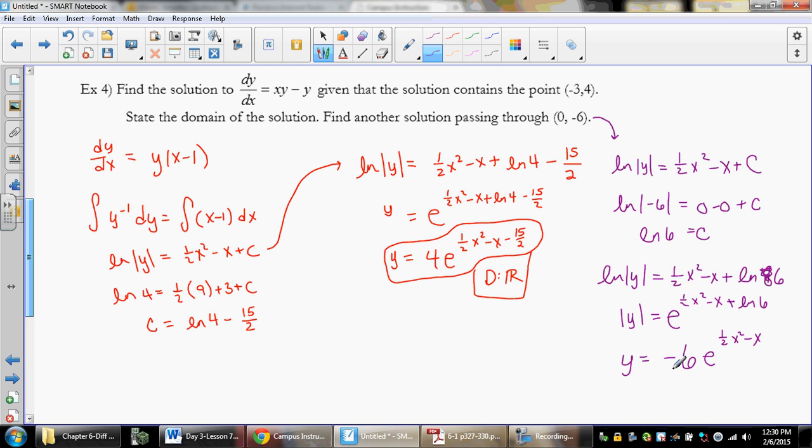Right here. You have to negate this side because technically y needs to be able to be negative, and the only way that's going to happen is if you negate this side. So this would be my solution for that answer. With the domain, my domain still depends on the exponent, and those exponents can be whatever they want. So my domain is all reals again.